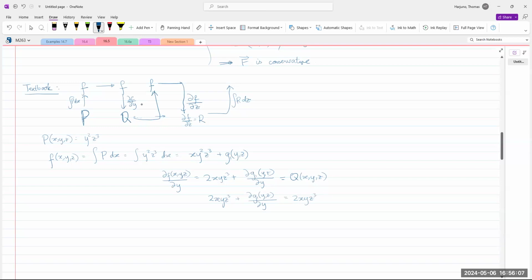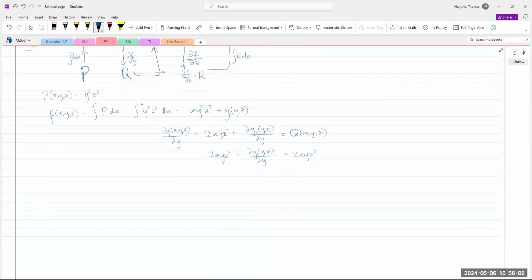Now notice that it means the partial of g1 with respect to y is 0, right? I think I said it wrong.